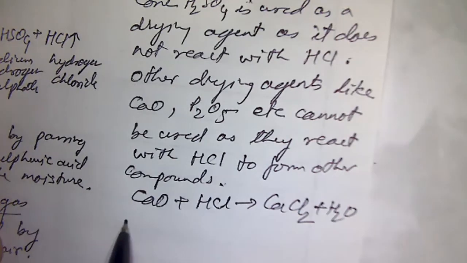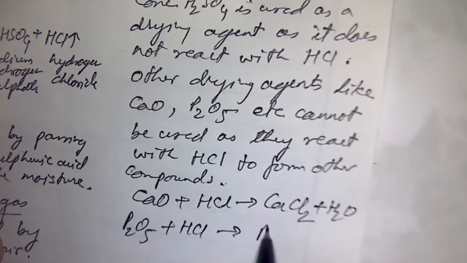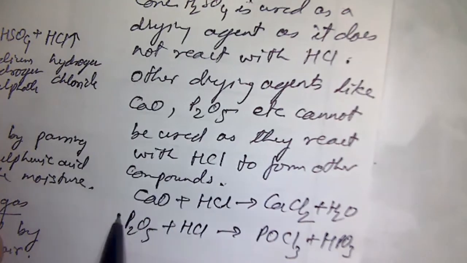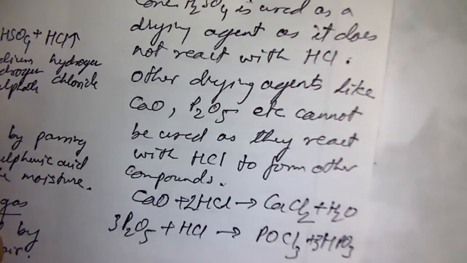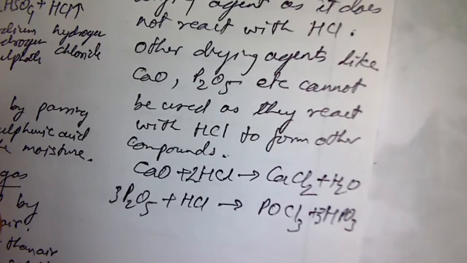If I had used P2O5, then this will react with HCl. It will form POCl3, and along with this, you get HPO3. So other compounds are formed, isn't it? Equation has to be balanced. So always give a balanced equation. Try to give a balanced equation. This is also balanced. Understood? Unbalanced equations are wrong. So always try to give a balanced equation.